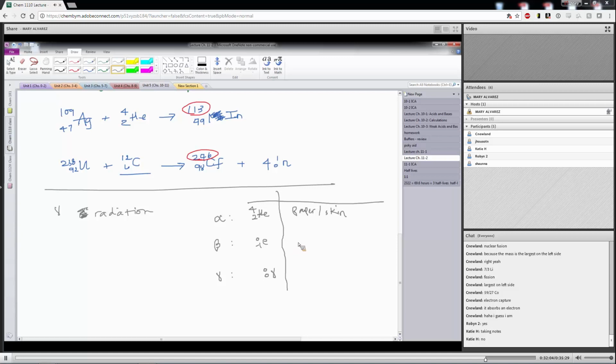You need a couple layers of clothing or wood to block beta radiation. But gamma radiation, you need a really thick lead or concrete barrier. Because it just doesn't have any mass. It's just going to kind of shoot right through whatever you've got.